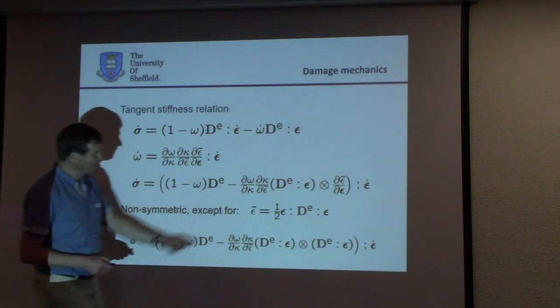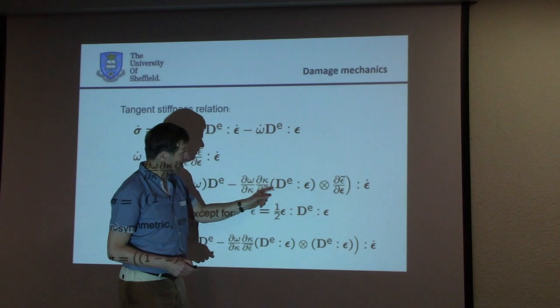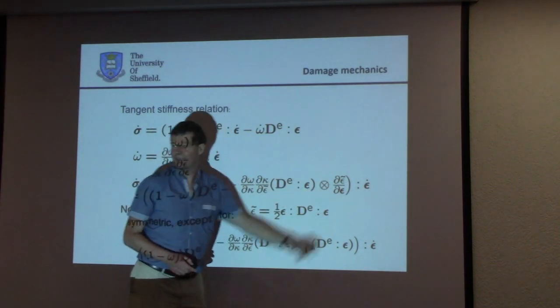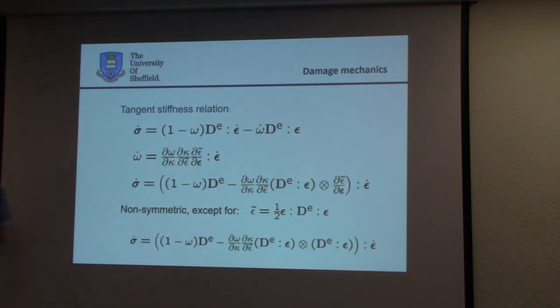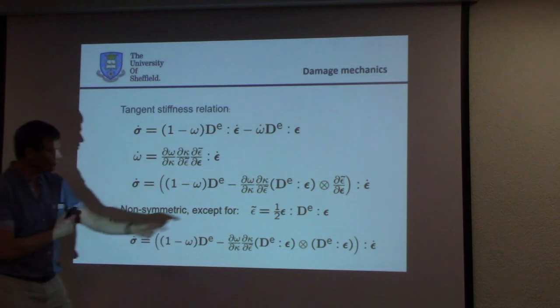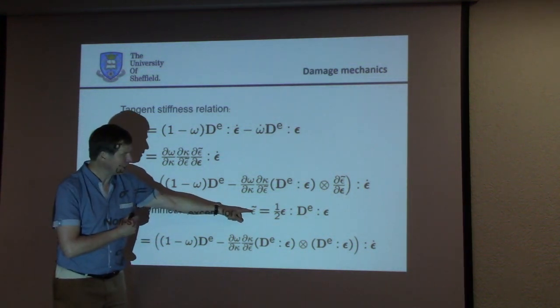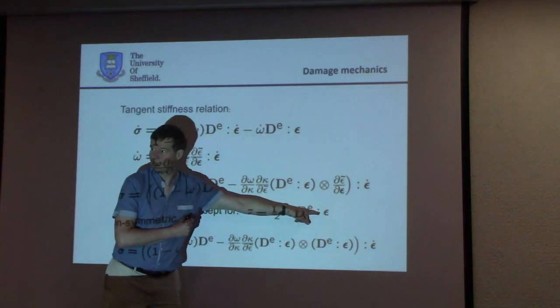Because this times this is unsymmetric. It only becomes symmetric when you choose epsilon tilde as this.